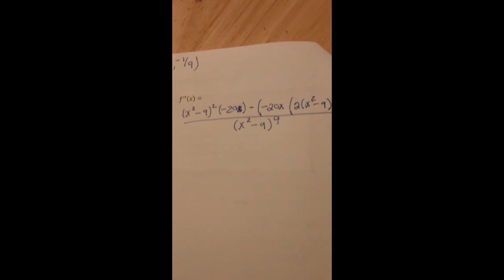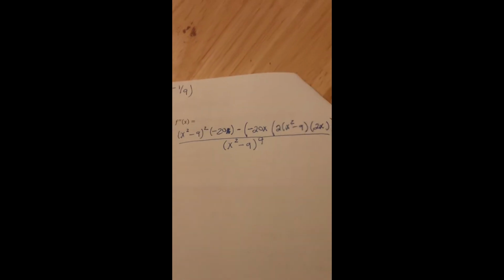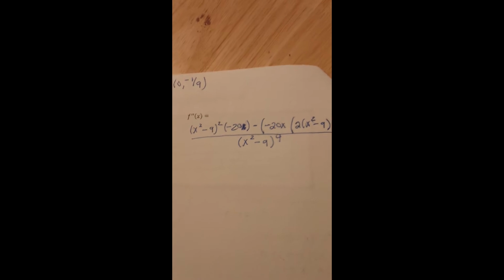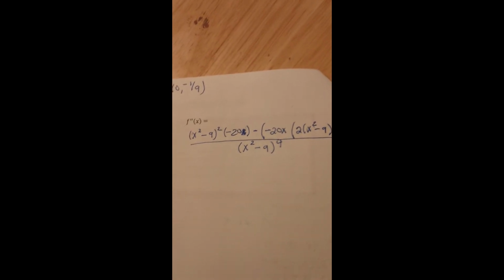Well, from here we can factor out a 20 and an x squared minus 9.